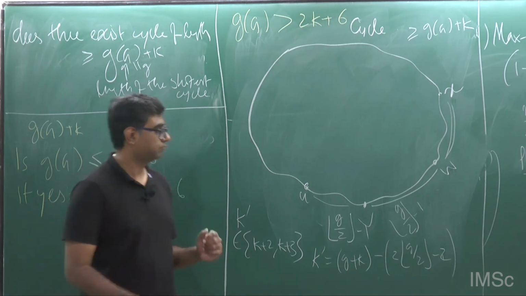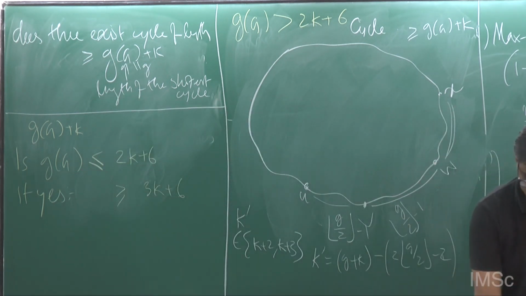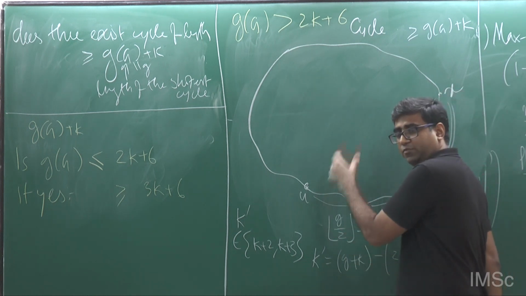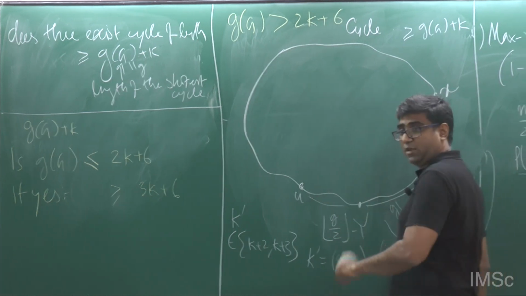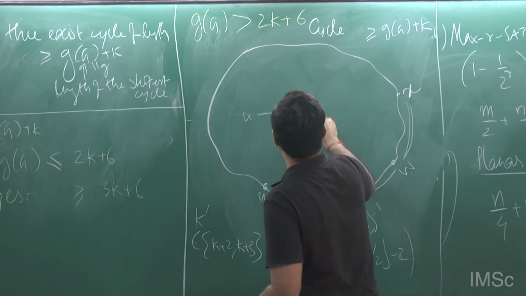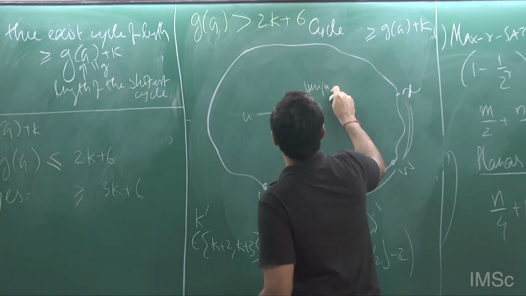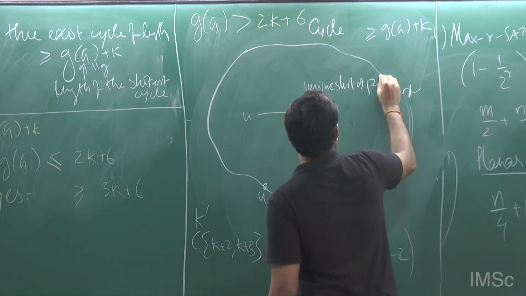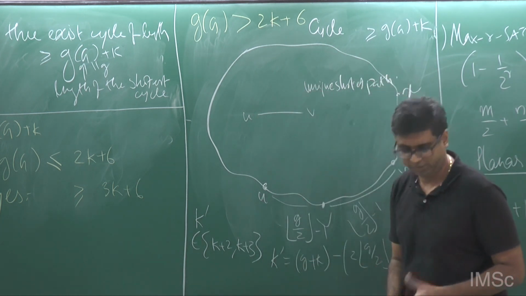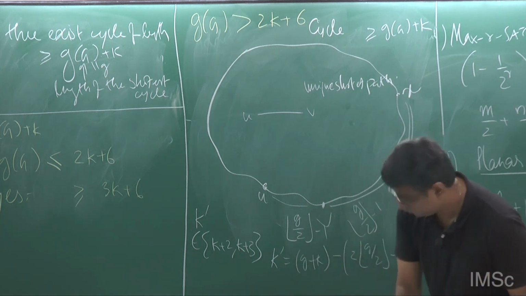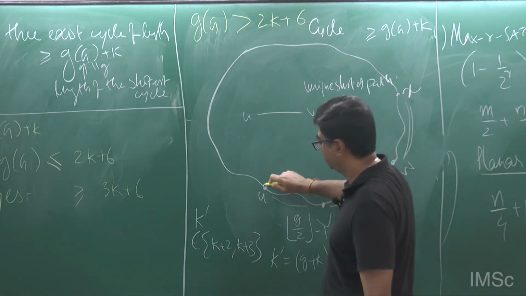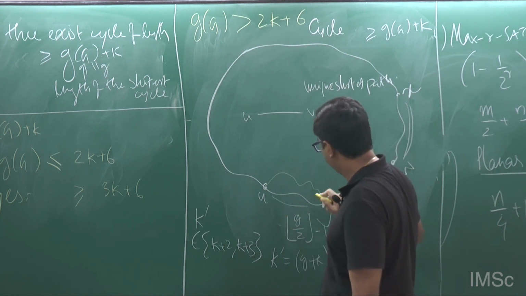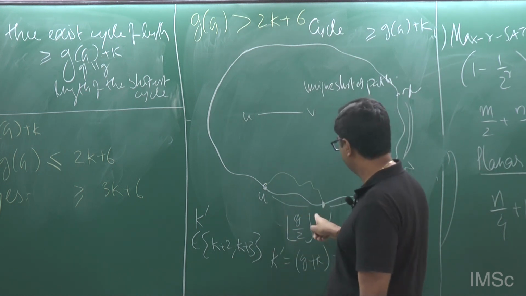Okay. First question to ask ourselves. Whatever this path uv is, my first claim is that u and v have a unique shortest path. Suppose not. Then there is another path from u to v. I take the shortest path from u to v.